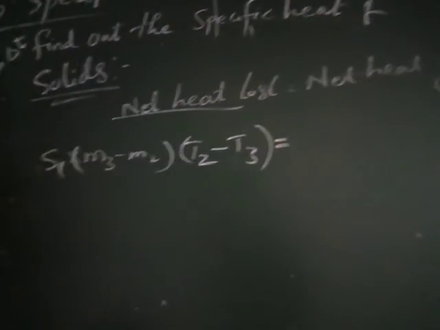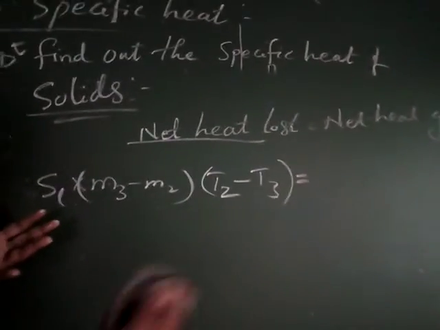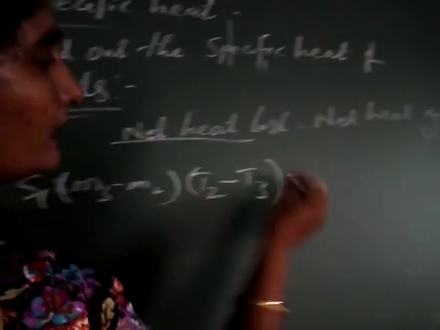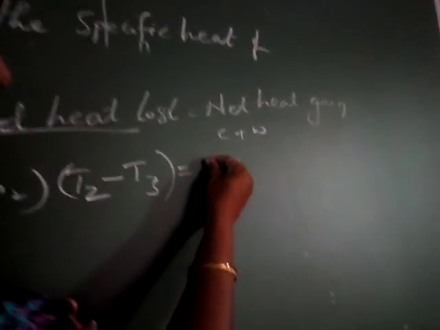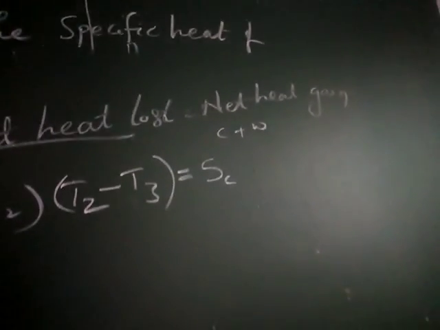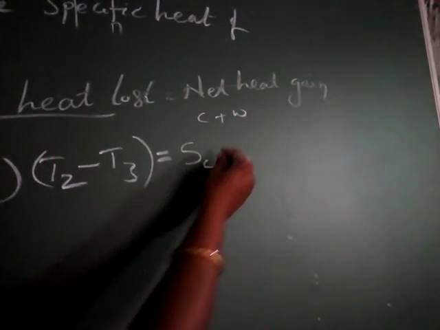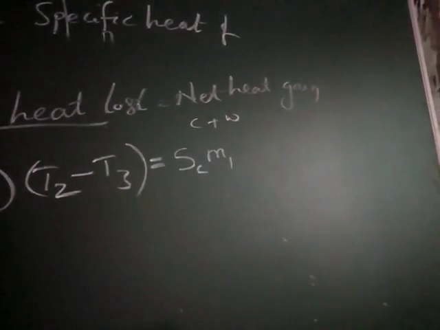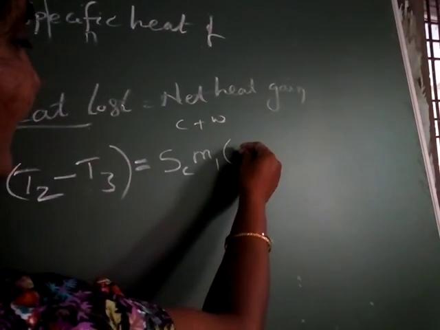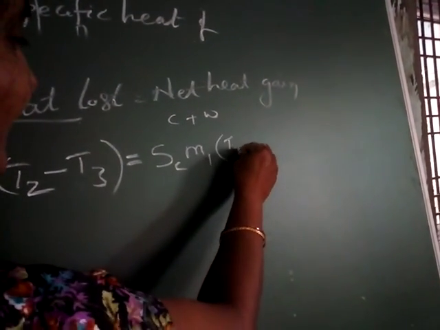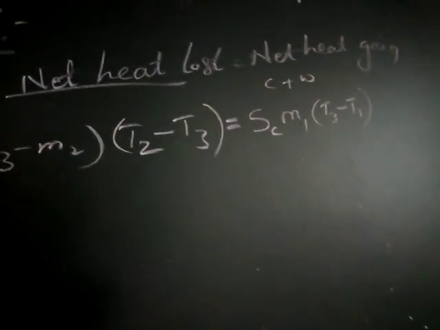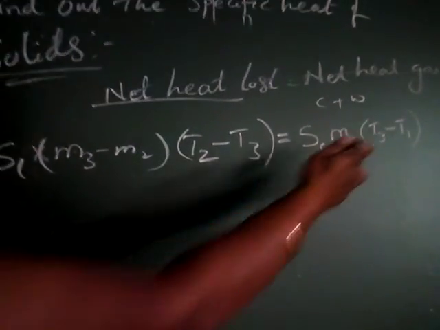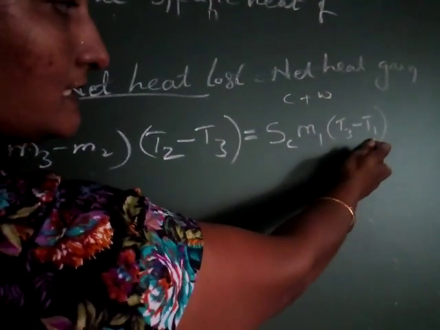Net heat gain means which one will gain here? Colder bodies. Here two colder bodies are there, one is the calorimeter and the other is water. Heat gained by the calorimeter is SC into the calorimeter mass M1, and delta T is T3 minus T1. T3 is the highest value when it becomes the equilibrium state, and T1 is the lowest.